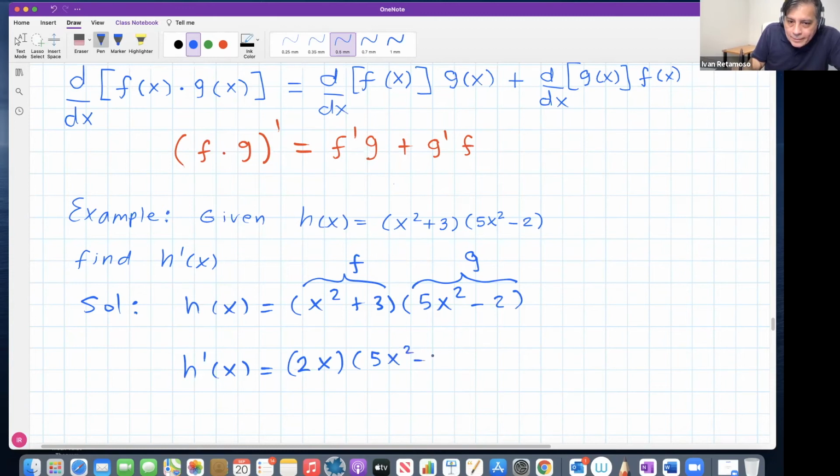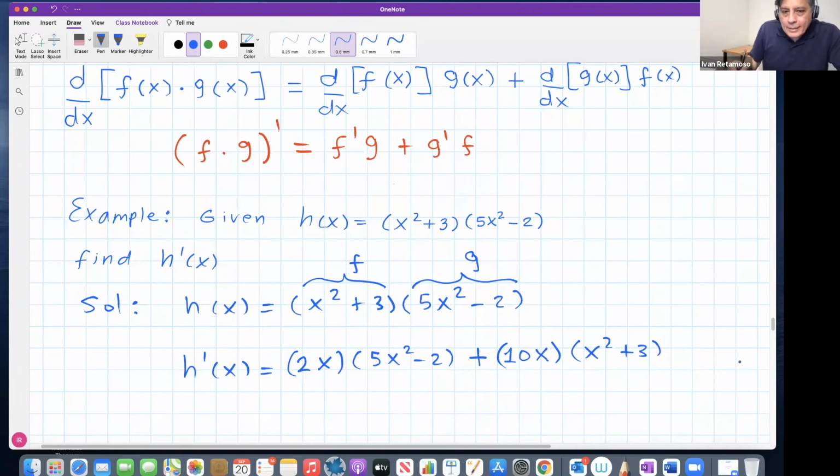Plus, now the derivative of g. Remember, 5 is a constant, it comes out, 2 comes down, multiplying 5 is 10. x stays with one less, 2 minus 1, 1. The derivative of 2 is 0. That's the derivative of g, times f as it is, x squared plus 3. There we go. Almost done there.